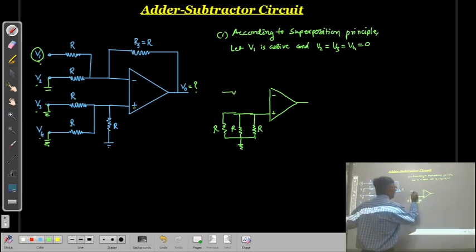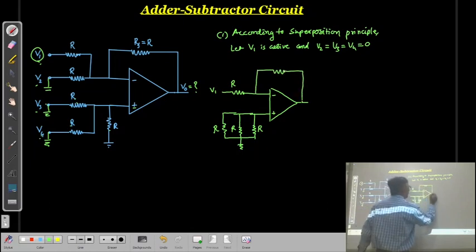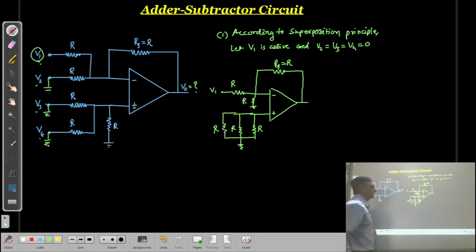So here we have the V1 voltage, R, and my feedback resistance Rf is equal to R, and the resistance here, R, is connected to the ground.